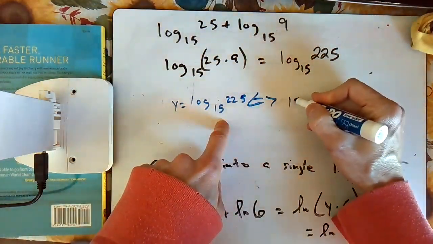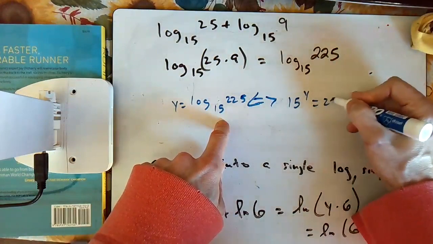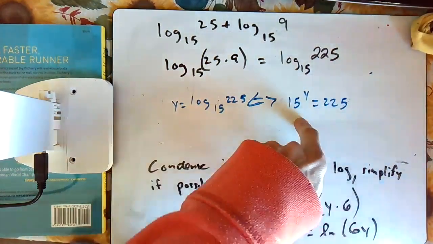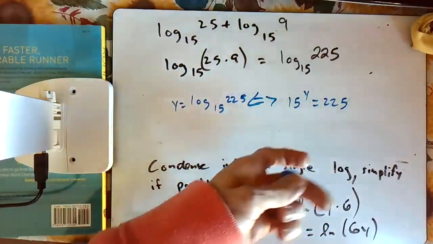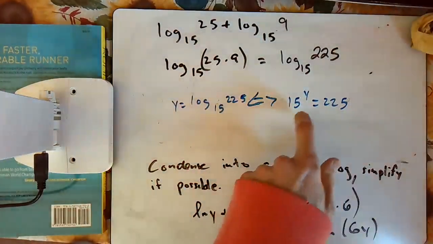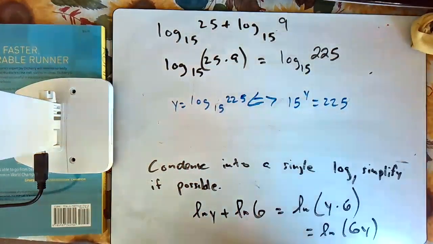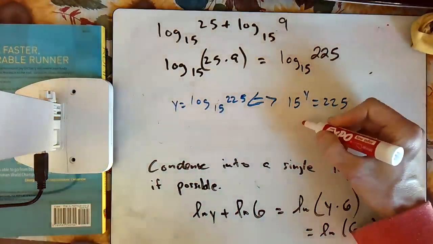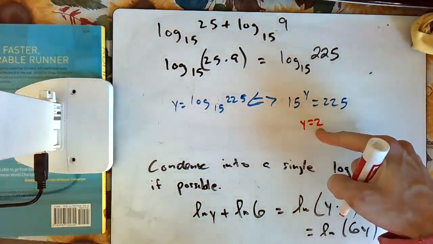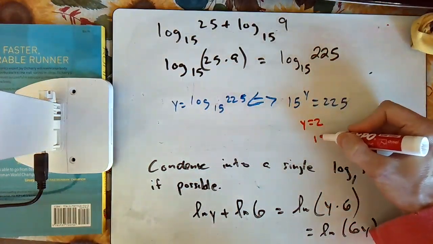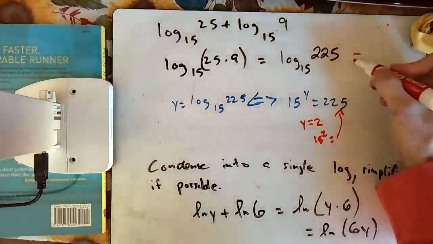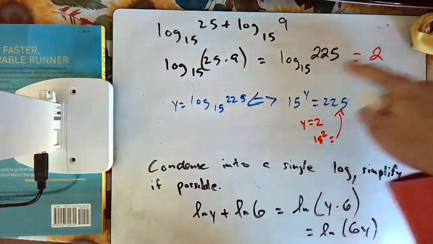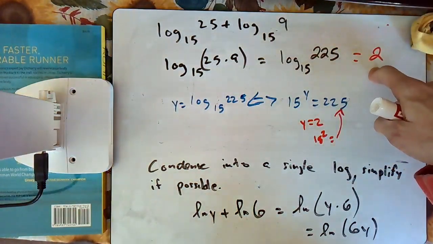So it's 15 to the y equals 225. If you need to, which you should, always write this off to the side and just work it out and see what happens. Can we raise 15 to some power that will get us to 225? Yes, if y is equal to 2, because 15 squared is 225. So your final answer for this particular expression is 2.